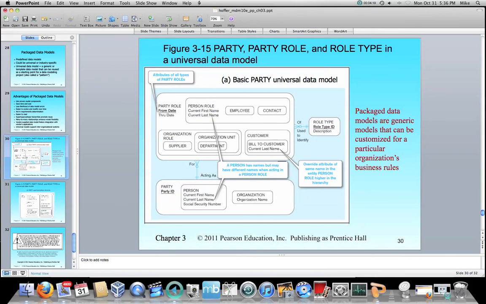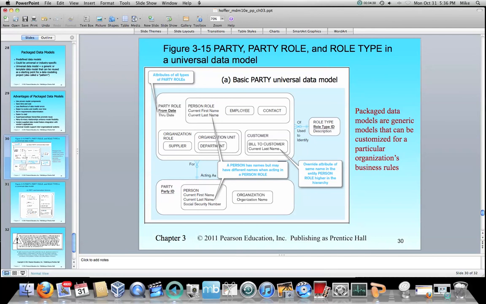If you look at the bottom of this, we've got an entity called party. And that party could be a person. And if it is a person, it has certain attributes. If it's an organization, the organization will have certain attributes. And again, all of this can be modified to suit a particular company's needs.